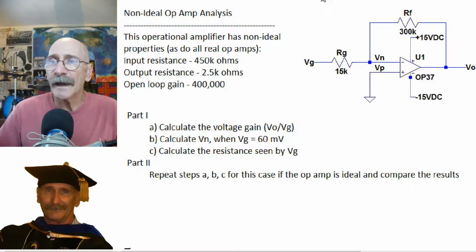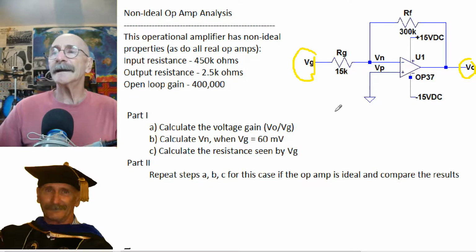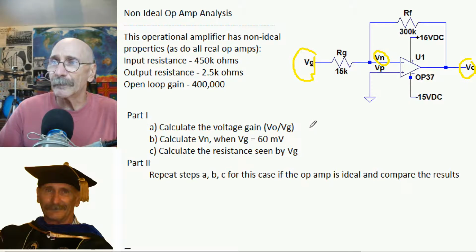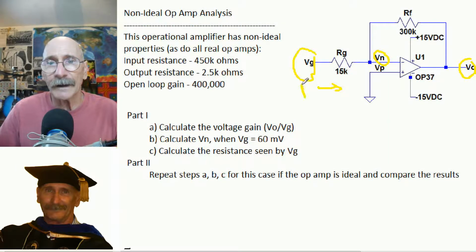Part B is calculate Vn, which is the input to the operational amplifier, when VG is equal to 60 millivolts. And part C is calculate the resistance that's seen by VG. That is, what the resistance profile looks like when looking back in this direction. What does VG see when that happens?